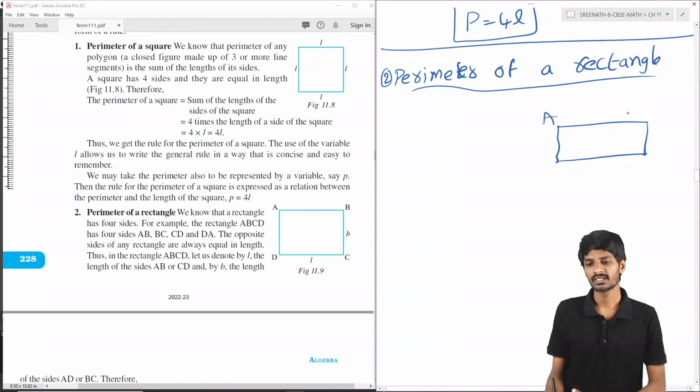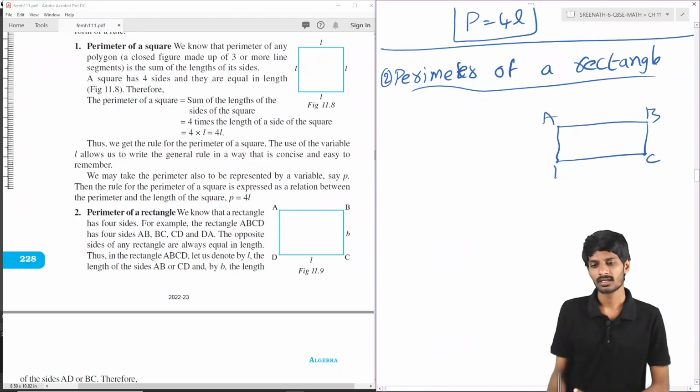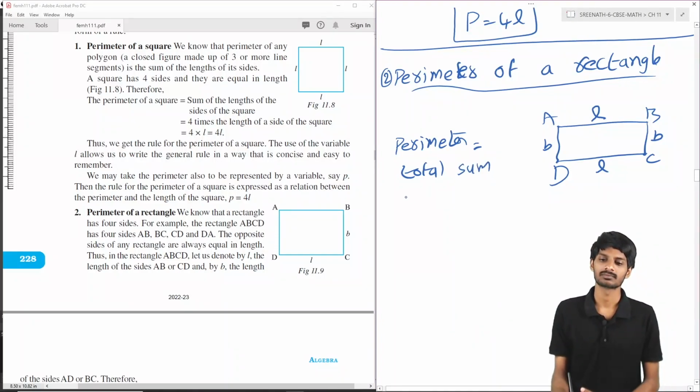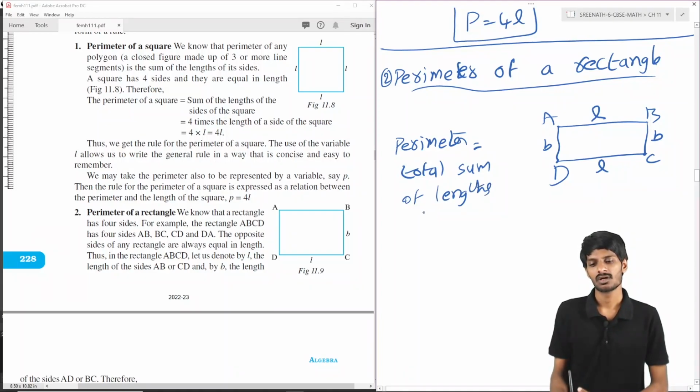If it is ABCD, we call this length the length and represent it with L, and this is called the width, represented with B. So again, the perimeter is nothing but the sum of the lengths of all sides.